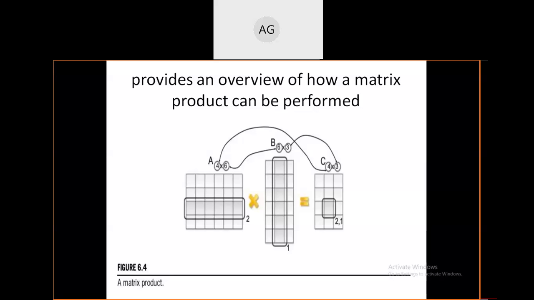Here the 4 and 4, 6 and 6, 3 and 3. After joining all these, A and B, you will get the 4 cross 3. This is nothing but the resulting matrix. This is one example of using the decomposition method.